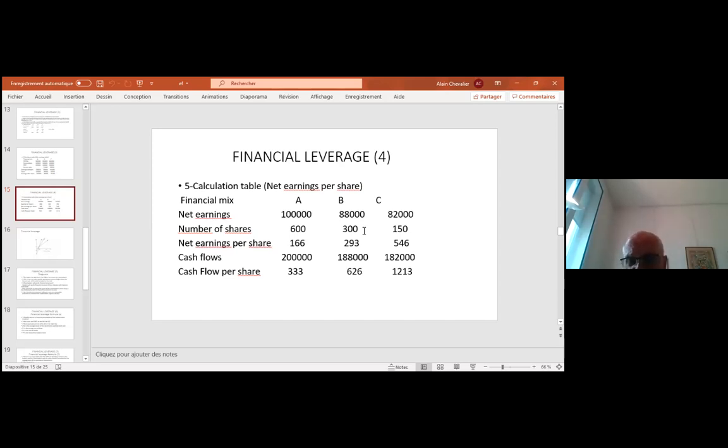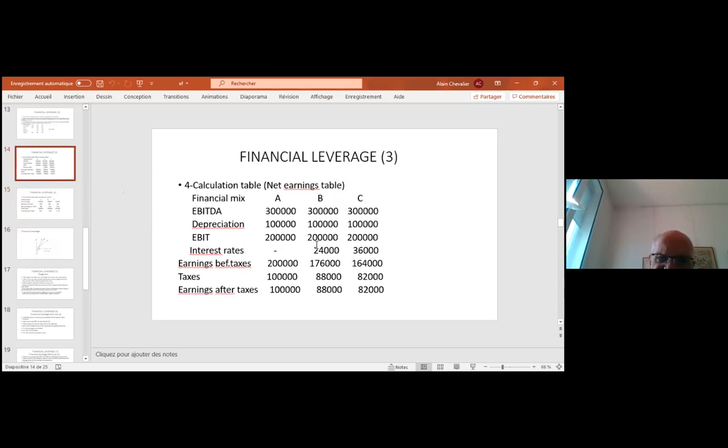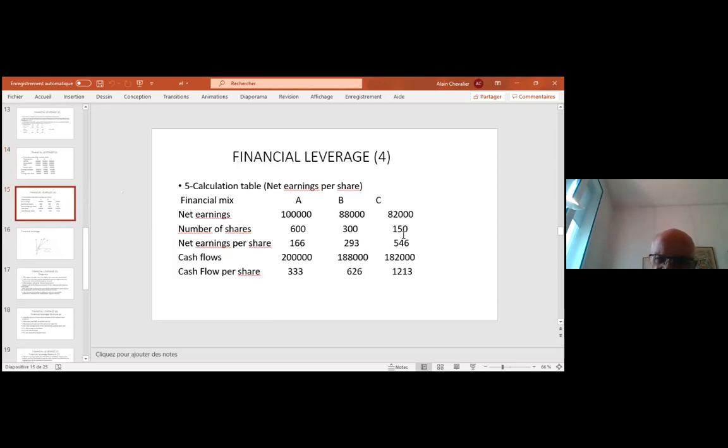You can check these answers also with the first case, which is C, with an EBIT of 48,000 instead of 200,000, interest being 36. 48 minus 36 is 12, 12 divided by 2 is 6, and you get 6,000, and you divide by 150, and it is 40 again.